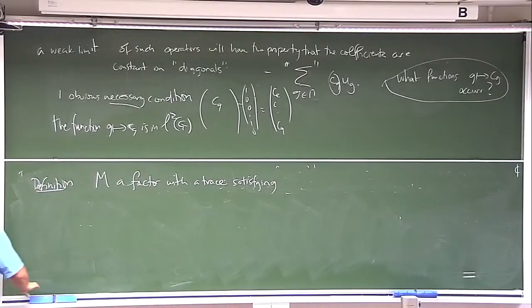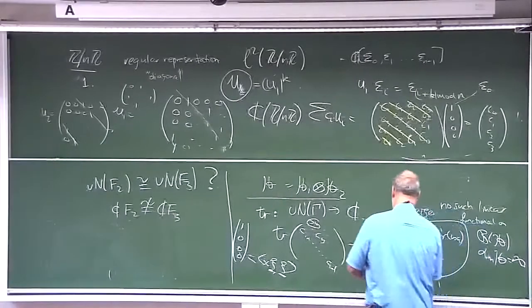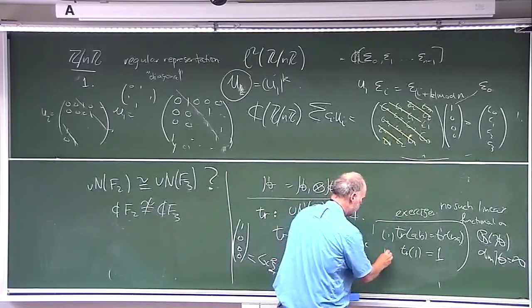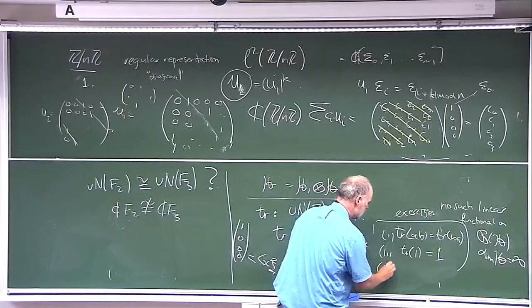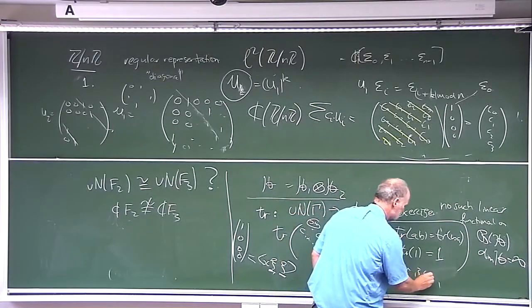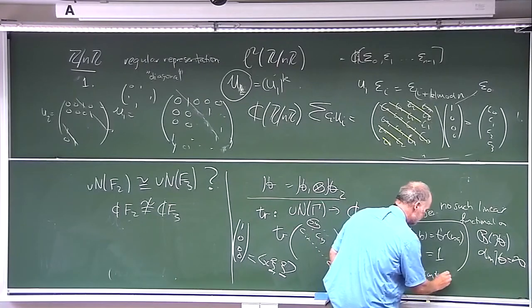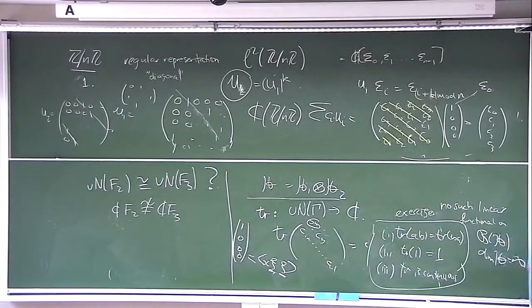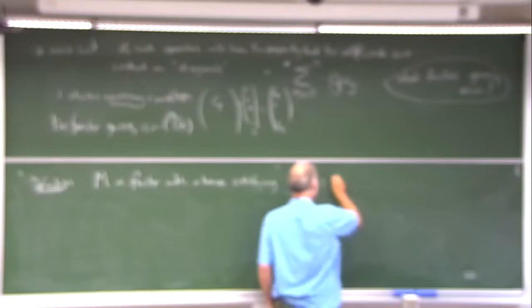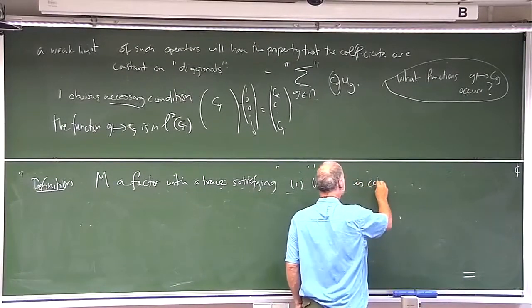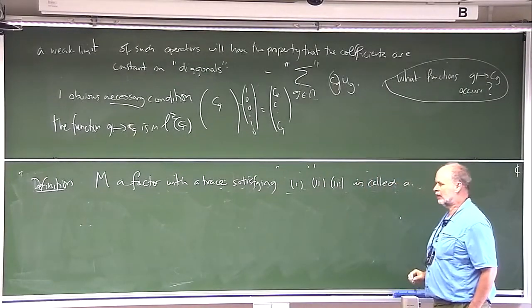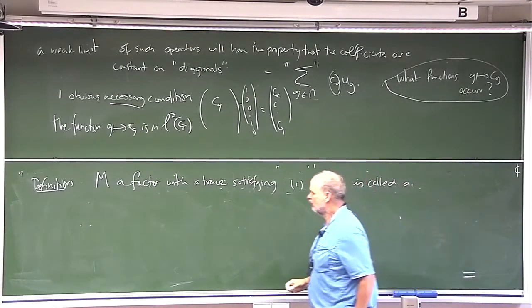I have three of them. Wrote it rather terrible, I'm afraid. Try to make this a little bit better. 1, 2, and 3. Satisfying 1, 2, and 3 is called, well, I want to say 2-1 factor, but that's not quite right. I need to add infinite dimensional.